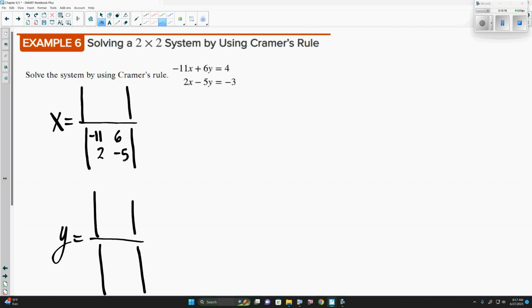So we'll have that determinant. Now the determinant on top, the x values, we're solving for x. We're going to replace the negative 11 and 2 with what each corresponding function is equal to. So negative 11 is going to be replaced with 4. 2 is going to be replaced with negative 3. So the x values are replaced with what it's equal to when we solve for x. Well, the y values stay the same.